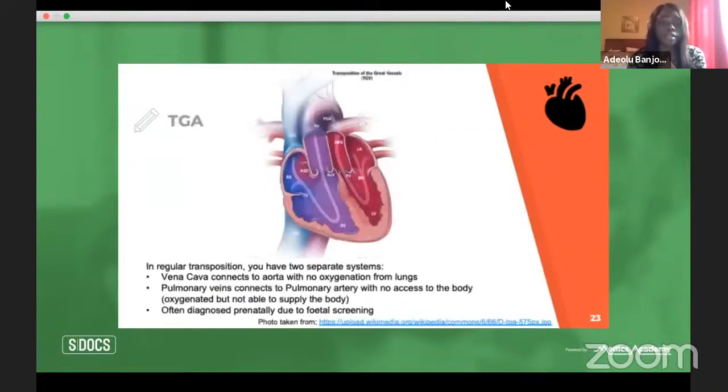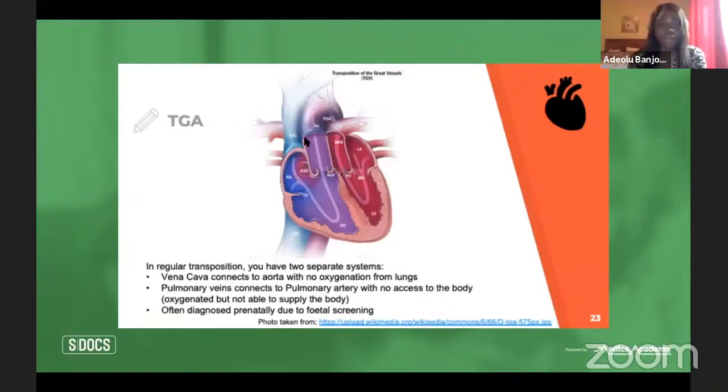So the first example of a right to left shunt is transposition of the great arteries. In a regular transposition of the great arteries, or TGA for short, you have 2 separate systems that form. The vena cava, your SVC and your IVC, connect directly to the aorta with no oxygenation from the lungs.